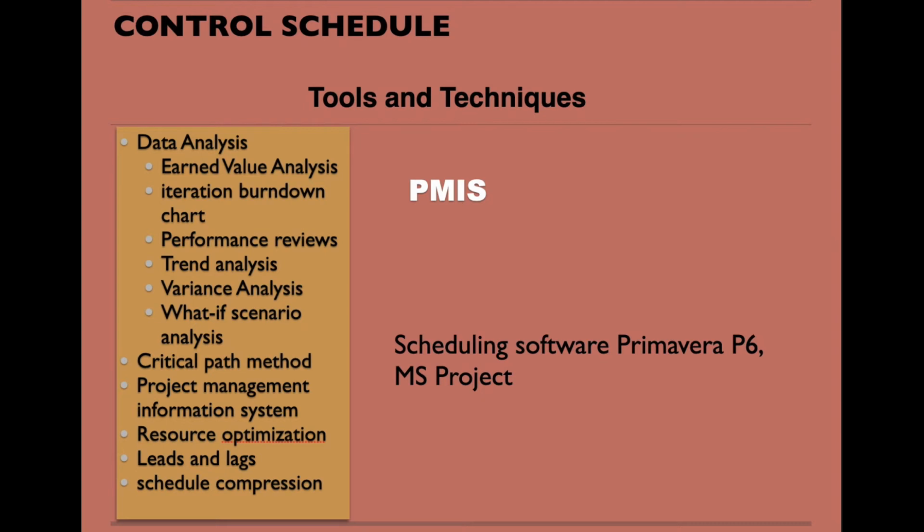About the resources and variance, we can check using this software. All we need to do is enter the data and it will automatically calculate for us, like we are behind schedule, we are ahead of schedule, we need some improvements on the critical path. So project management information system we need as a tool and technique in the control schedule process.